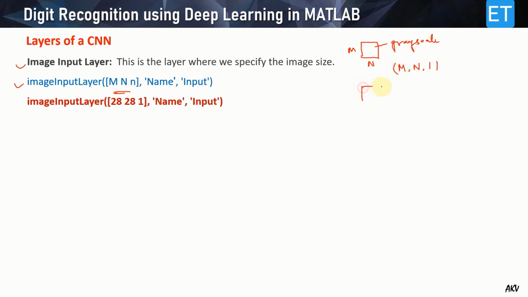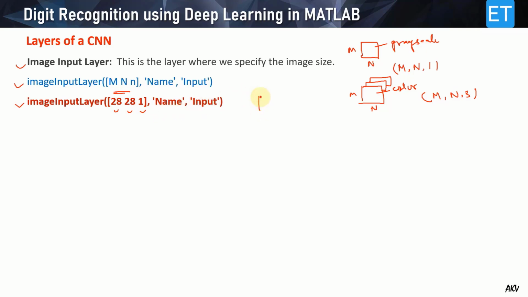And if you are using a color image of size m by n, then you will specify this as m by n by 3, because there will be the 3 layers of RGB, right? So here in this example, you can see that 28, 28, 1 is given.